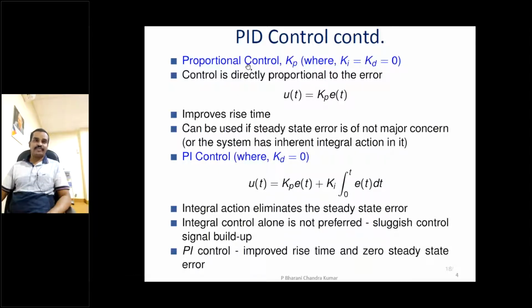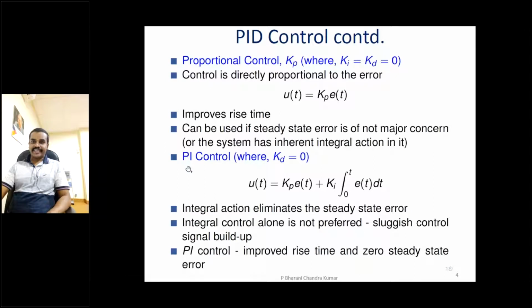The example we had taken yesterday, intentionally I have taken that example because it has inherent integral action in it. What is it? We will see in the coming slides. So the lesson here is the P controller will not ensure the steady state error goes to zero. So if the steady state error is not your major concern, then just go for the proportional controller.